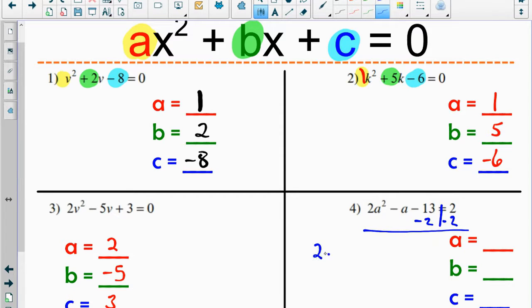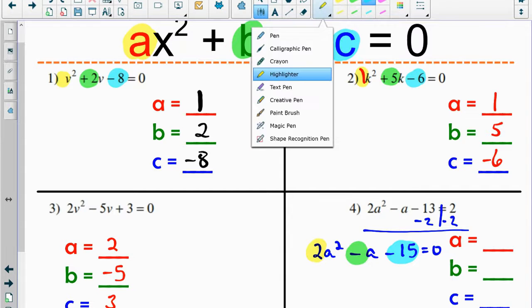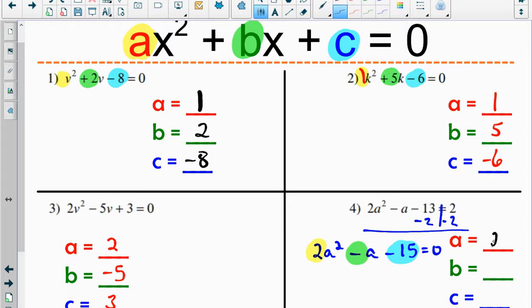And when I do that, I'm still going to have 2a squared minus 1a, but now I have minus 15 equals 0. So now when I look for my values of a, b, and c, I can see that a is going to be 2, b is going to be minus 1, and c is going to be minus 15. a is 2, b is minus 1, there's that invisible 1, and c is minus 15. So it's important to make sure that your quadratic equation is written in standard form before going any further.